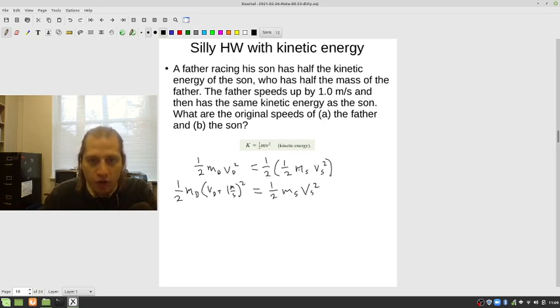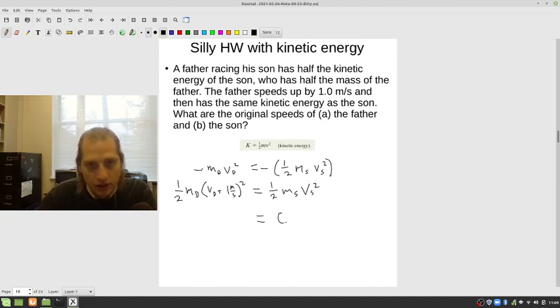Let's take the top row and multiply both sides by 2. So this is just going to be m dad v dad squared, and over here, oh, look at this. This on the top is the same as that on the bottom. So let's multiply both sides by -1, and then add our 2 equations.